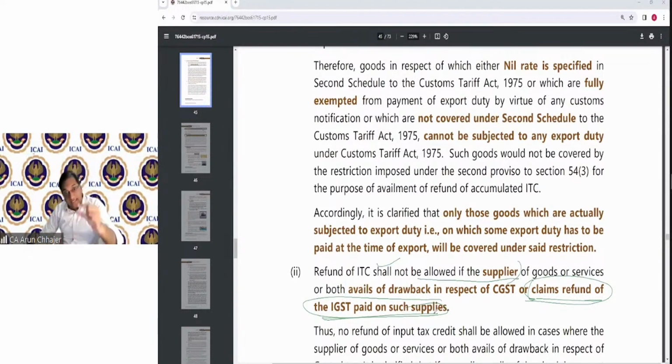A has claimed the refund of the IGST on this supply, 10,000. तो इस सप्लाई के ऊपर इन्वर्टेड ड्यूटी के केस में कोई भी आईटीसी का रिफंड नहीं मिलेगा इस केस में. इज दैट क्लियर? क्लियर है ये वाला पॉइंट? कि इस केस में उसे रिफंड नहीं मिलेगा आईटीसी का, क्योंकि वो ऑलरेडी रिफंड क्लेम कर चुका आईजीएसटी का.